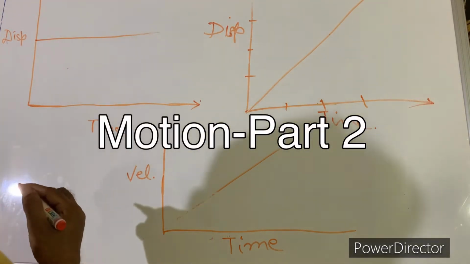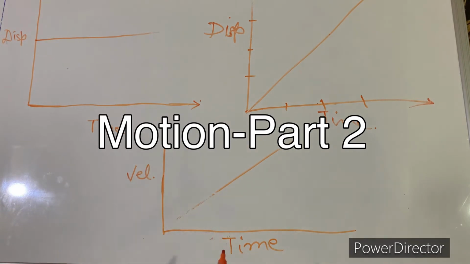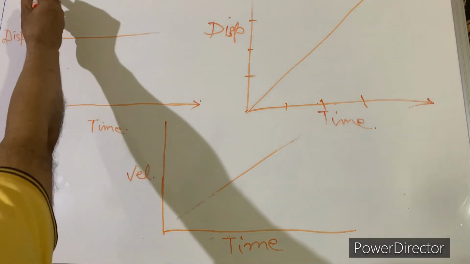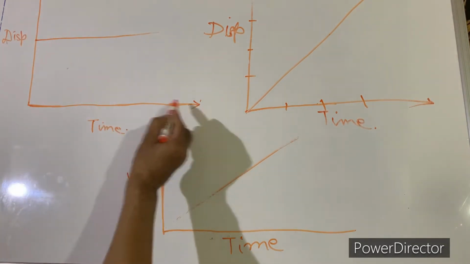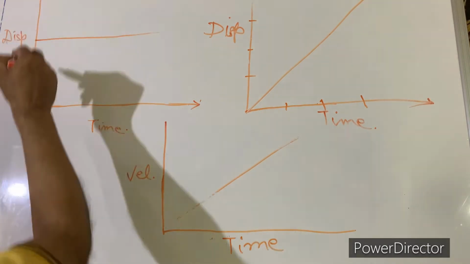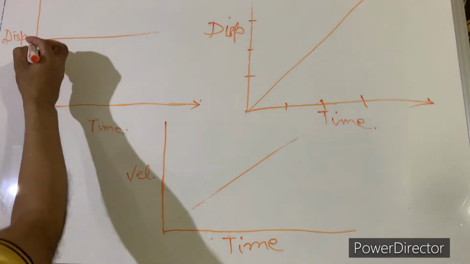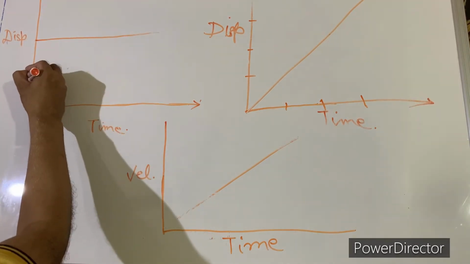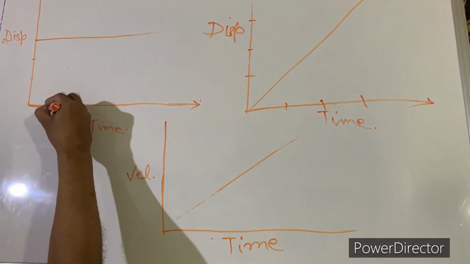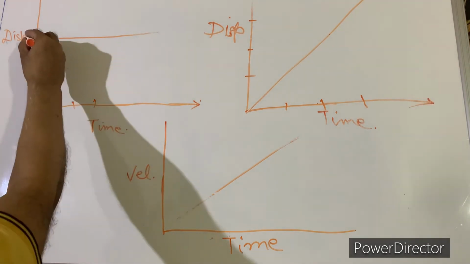Okay, let us see the three graphs I have drawn here for you. First of all, this graph is displacement by time. The x-axis is time and the y-axis I have taken as displacement. Clear? So in this graph you will notice that displacement is the same.